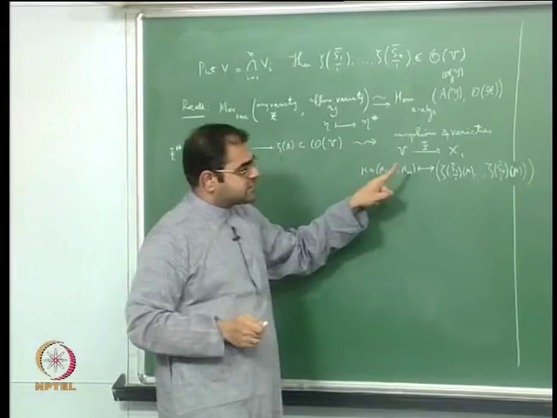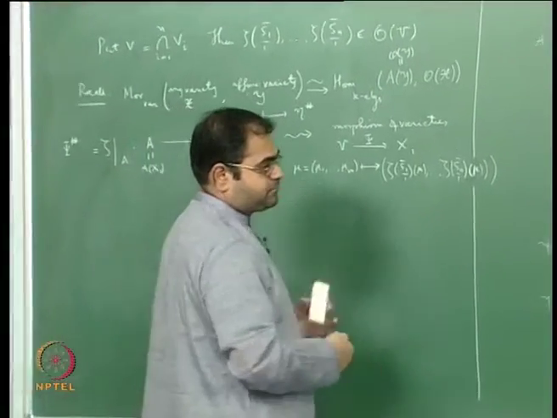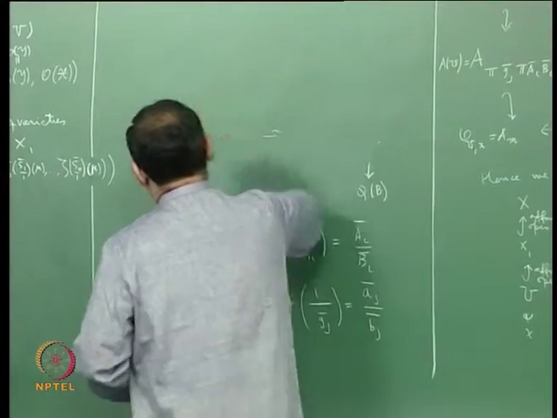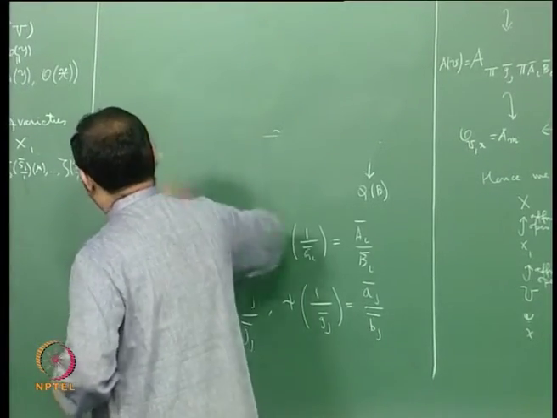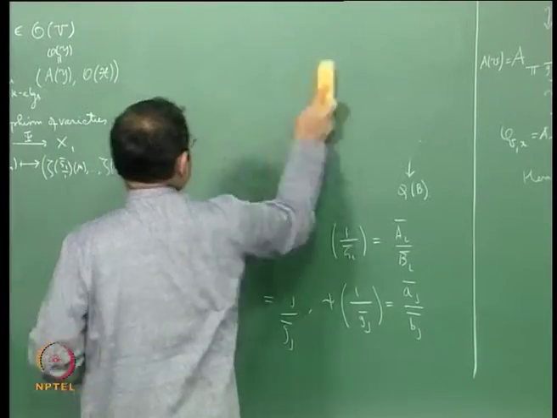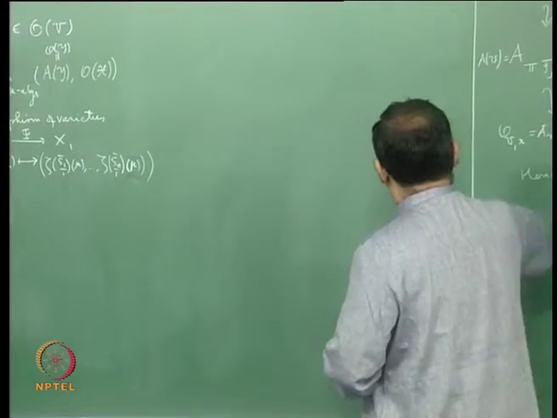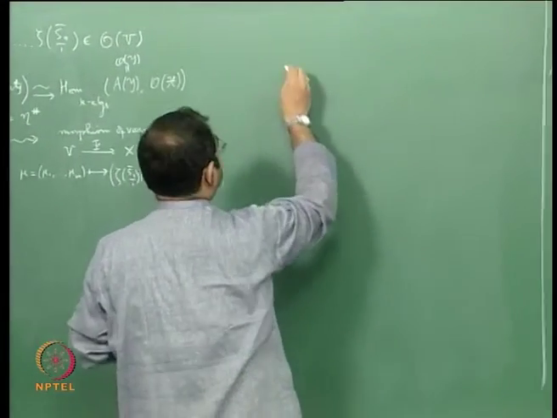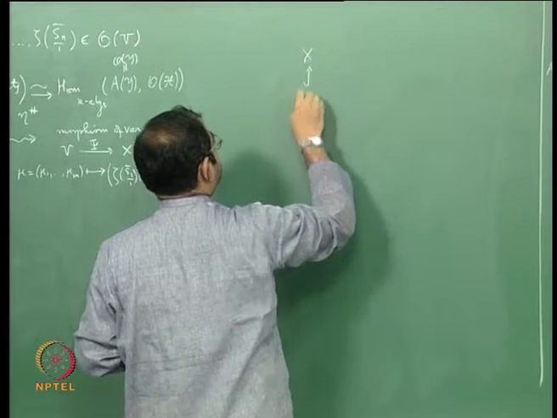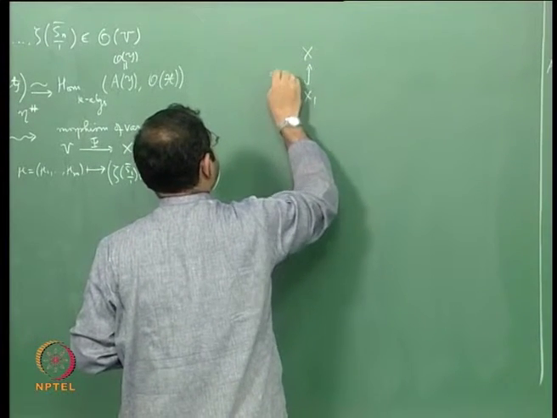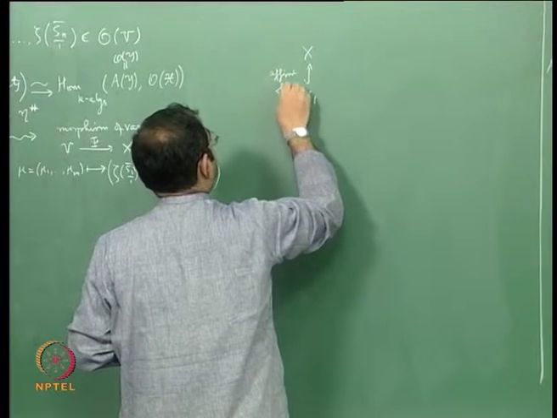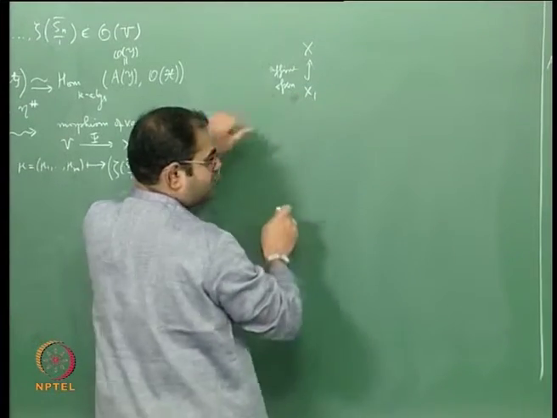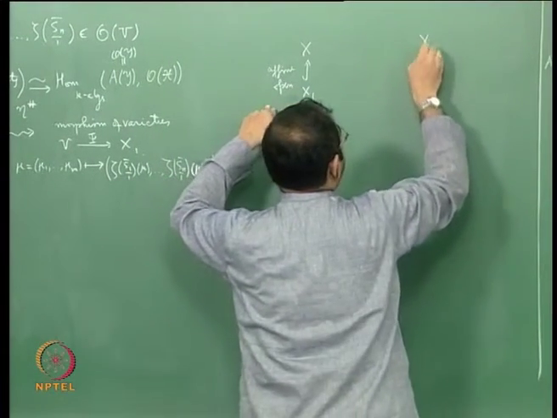So what we have done is, let me rub this diagram lest it cause any confusion. The situation is now that we have this X and this X1 which is affine open inside X, and of course we embedded X1 inside affine space, but that's not important now.